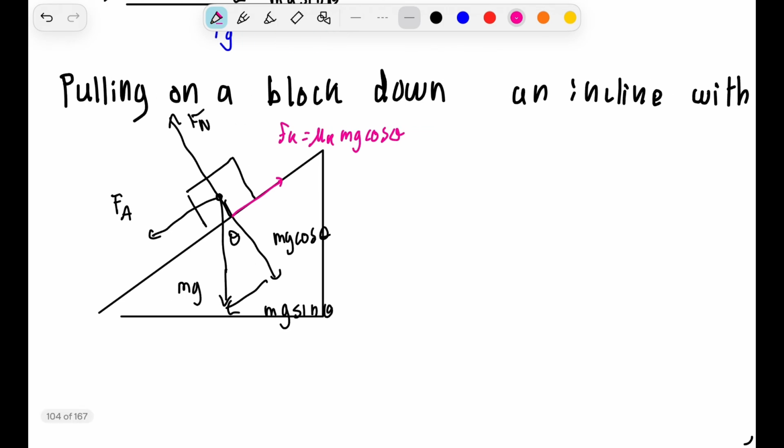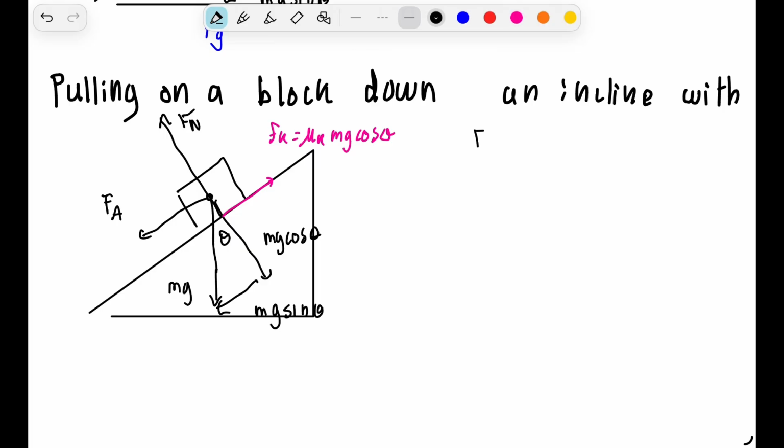So along the incline, we know that in the vertical direction we just have mg cosine theta is equal to normal. These two are equal. Then, along the incline, the force is going to be in the direction of acceleration, so F plus mg sine theta minus friction is ma.